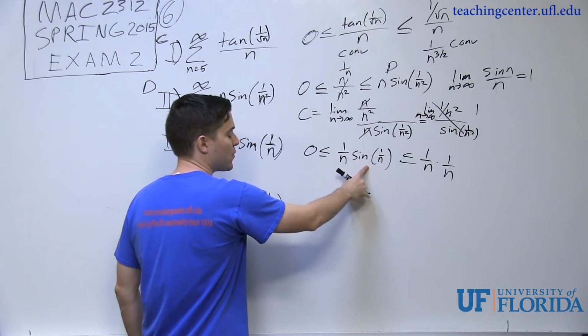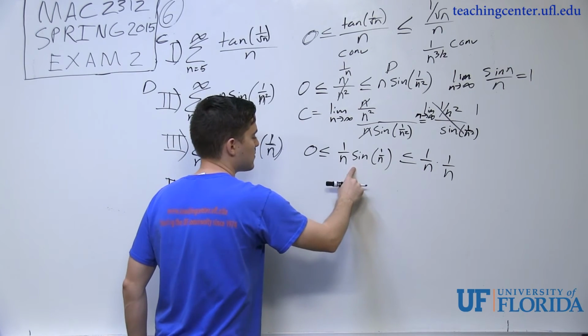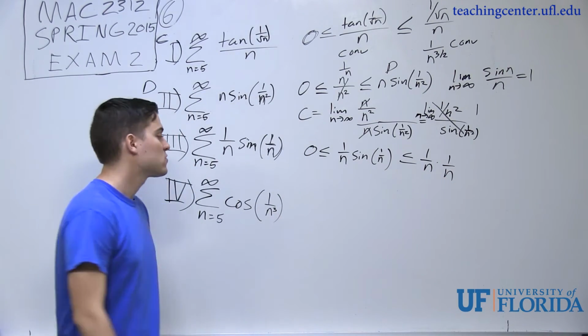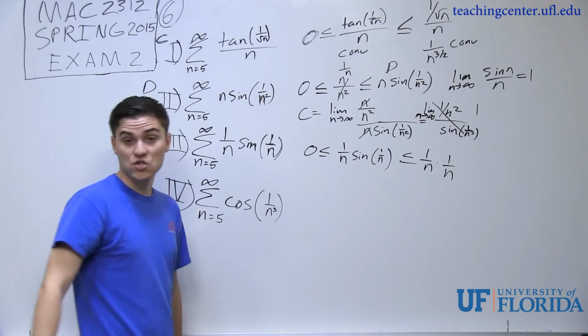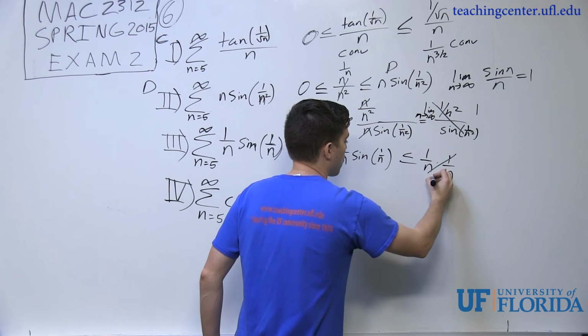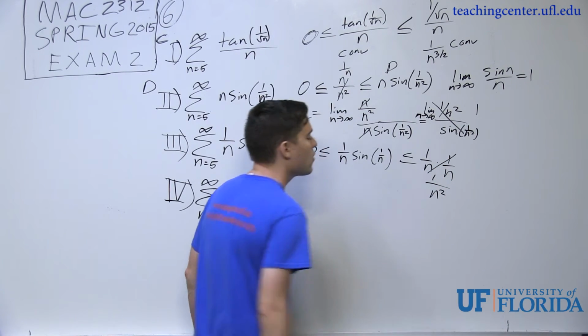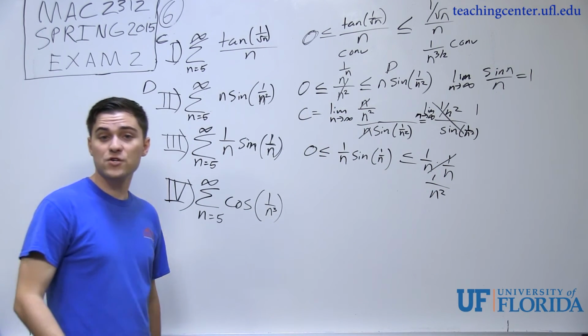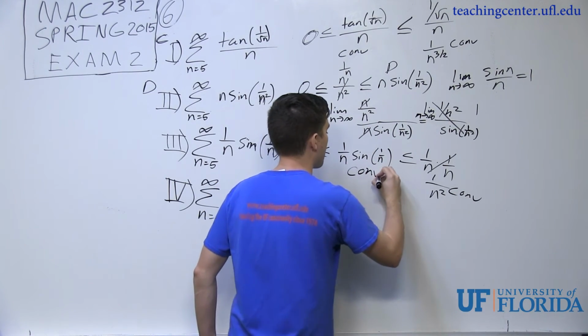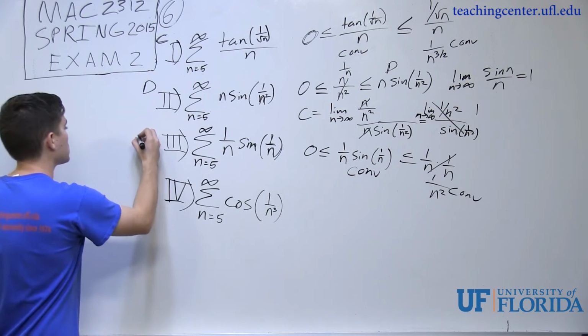Again, sine reduces the value, so if the 1 over n's are the same in front, sine of 1 over n should be less than the other 1 over n. So therefore, this inequality is true. 1 over n times 1 over n is 1 over n squared. 1 over n squared is convergent by p series, so if this is convergent, this should also be convergent. So 3 is convergent.